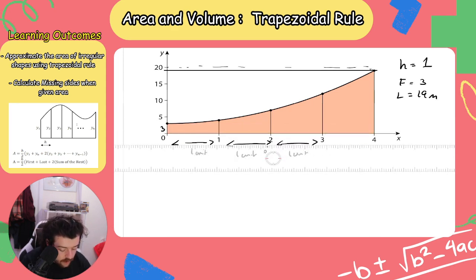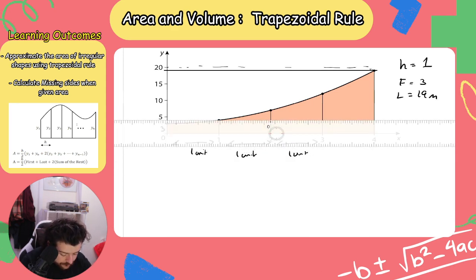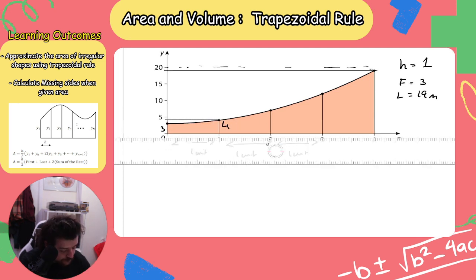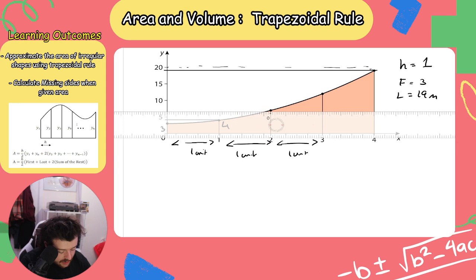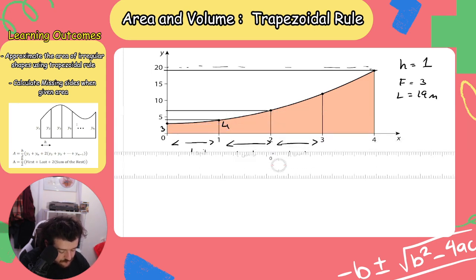At my first column, I'm going to say 4. Second column, I'm going to say 8, 9, 7? So, will we say 7?